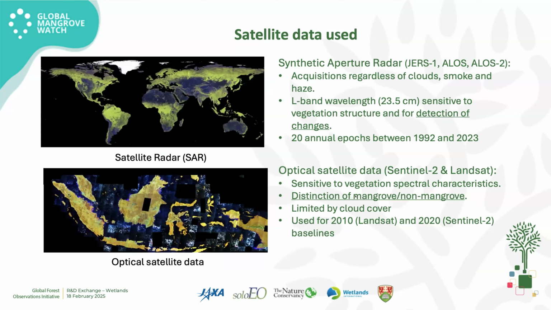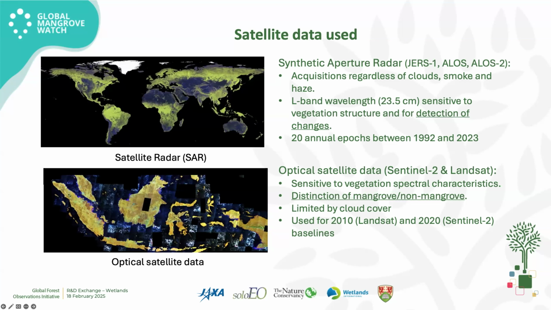First of all, just to give you a little background, the Global Mangrove Watch extent map dataset is derived from a combination of radar and optical satellite data. The reason why we're using both optical and synthetic aperture radar is that they have different capabilities that are both useful for mangrove mapping.